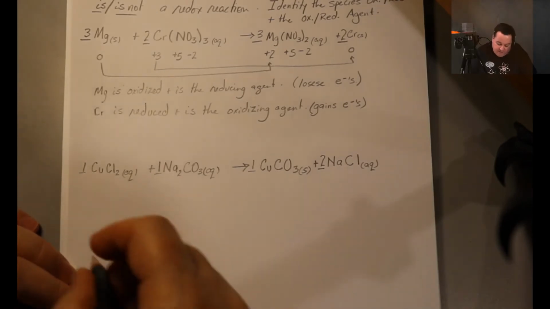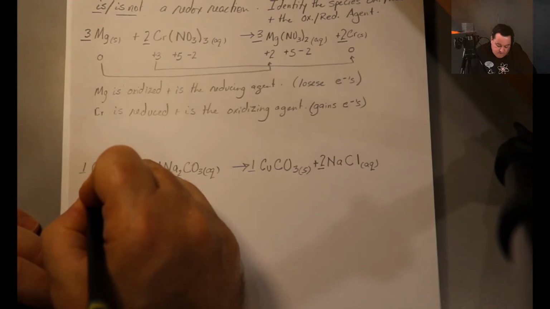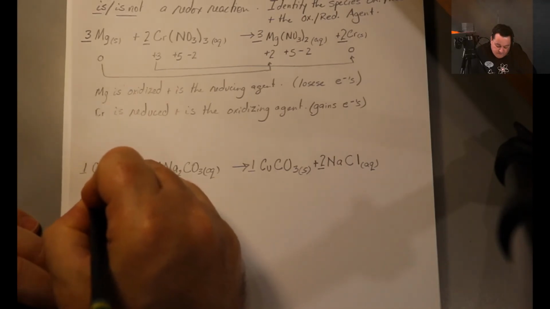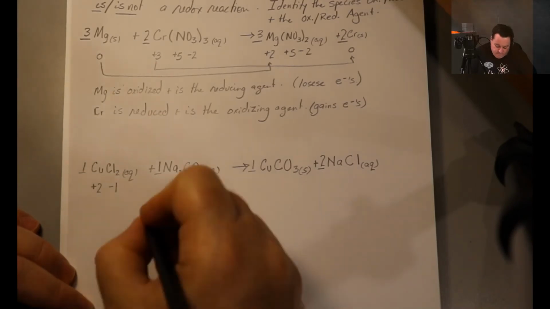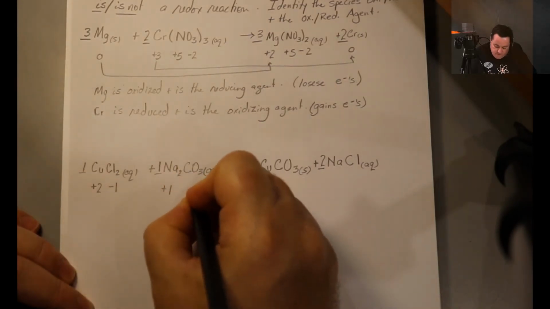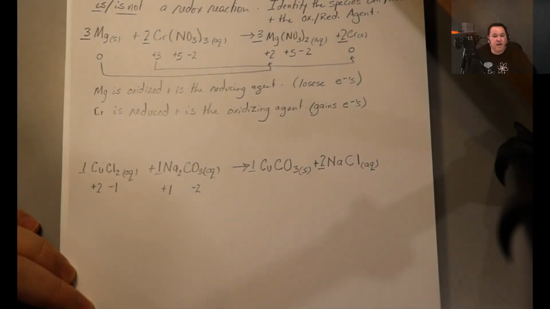When I assign oxidation numbers in this reaction, we'll use my ion charges. I have +2, -1 for each chloride, +1 for the sodium, -2 for the oxygen. Again, it's not an exception. It's not with fluorine, and it's not in a peroxide. It's in a carbonate.